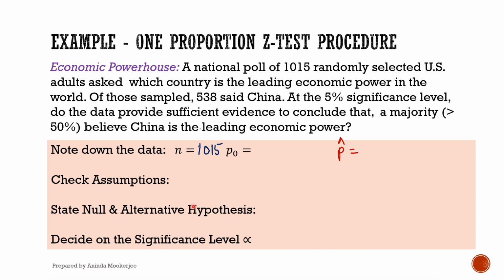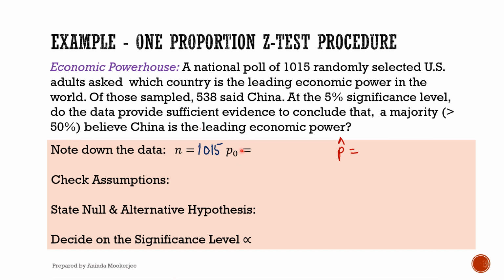Just like H sub 0 refers to the null hypothesis and mu sub 0 refers to the null hypothesis mean, the p sub 0 refers to the null hypothesis proportion. So based on this question, what would the null hypothesis proportion mean? It would be a proportion that represents majority, that is greater than 50%.